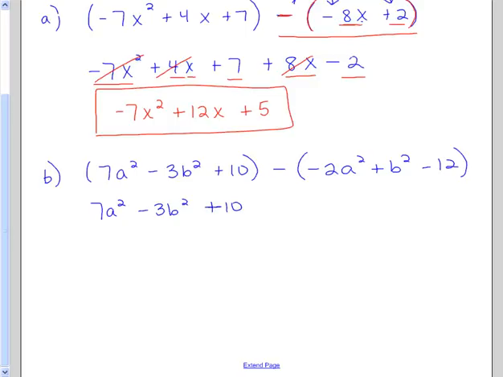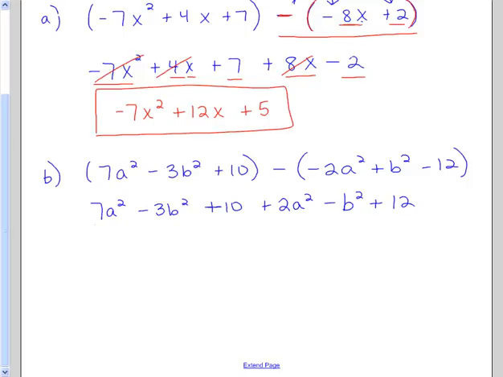The one being subtracted, the one with the negative in front of it, we're going to change the signs. So this will be a positive 2a squared, a negative b squared, and a positive 12. Take just a minute and look at those signs. All I did was distribute that negative, so that changed my signs.